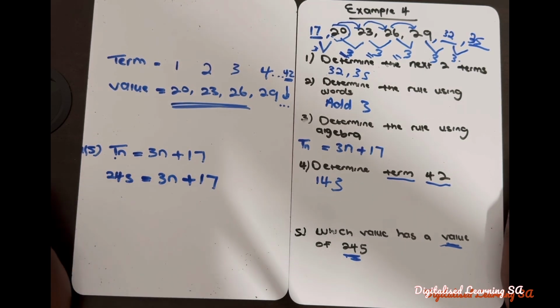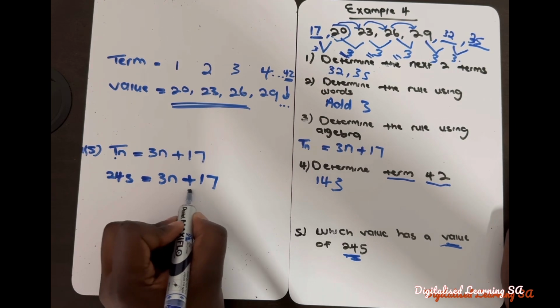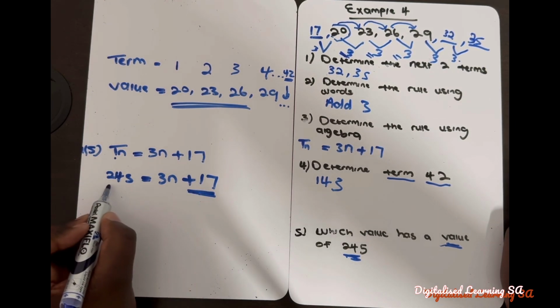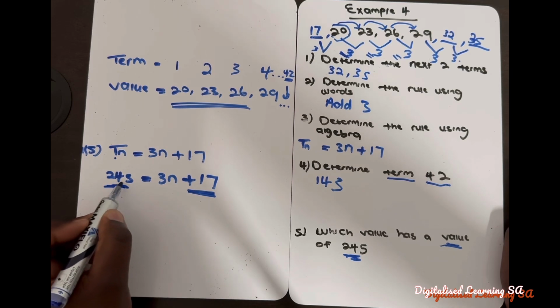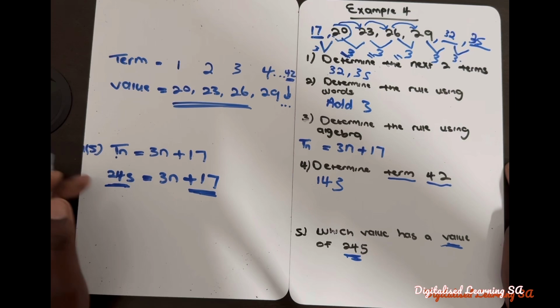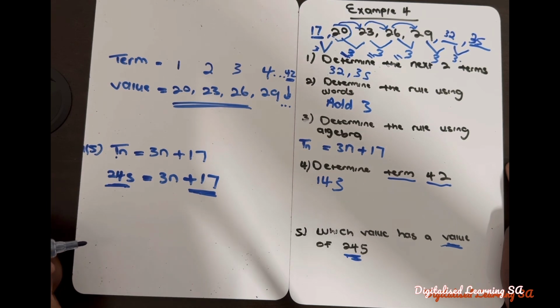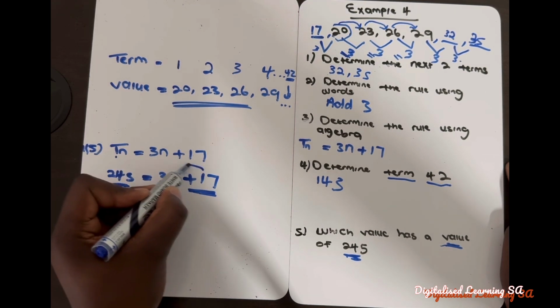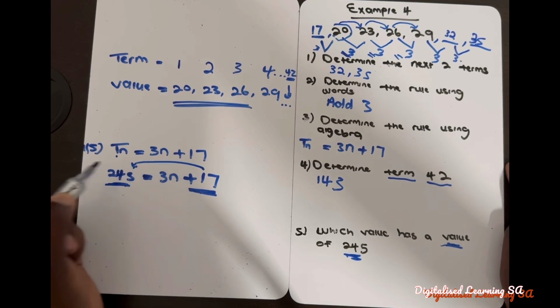And then to solve this, we need to group the numbers first. Remember, here we have 245, and then here we have positive 17. So we need to group them first so that we can solve our question. So we need to take this 17 to the other side.